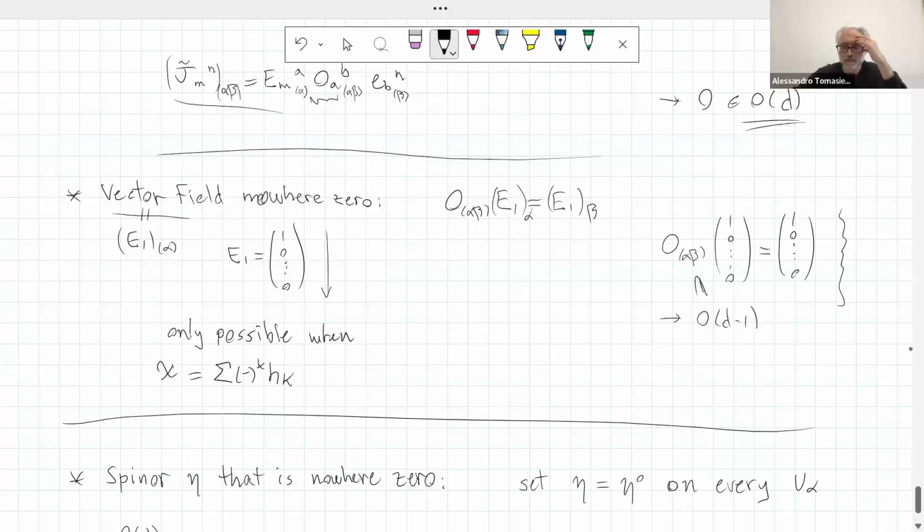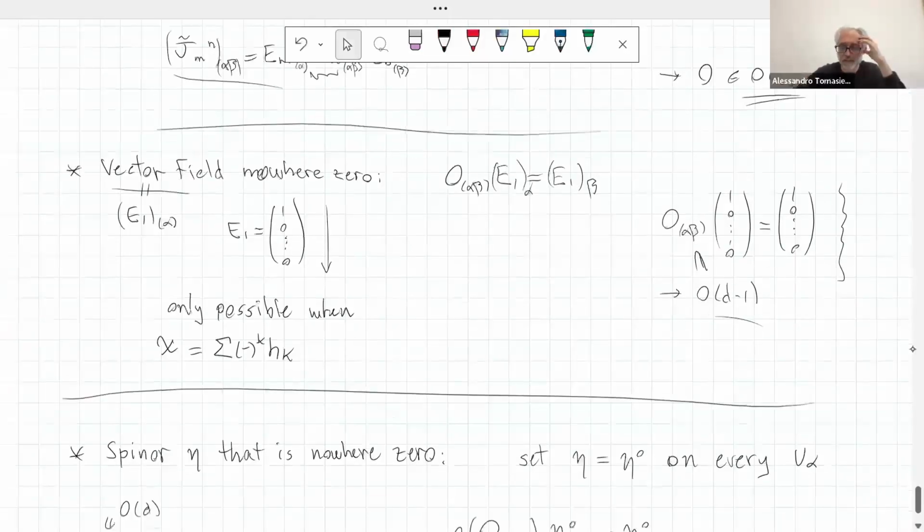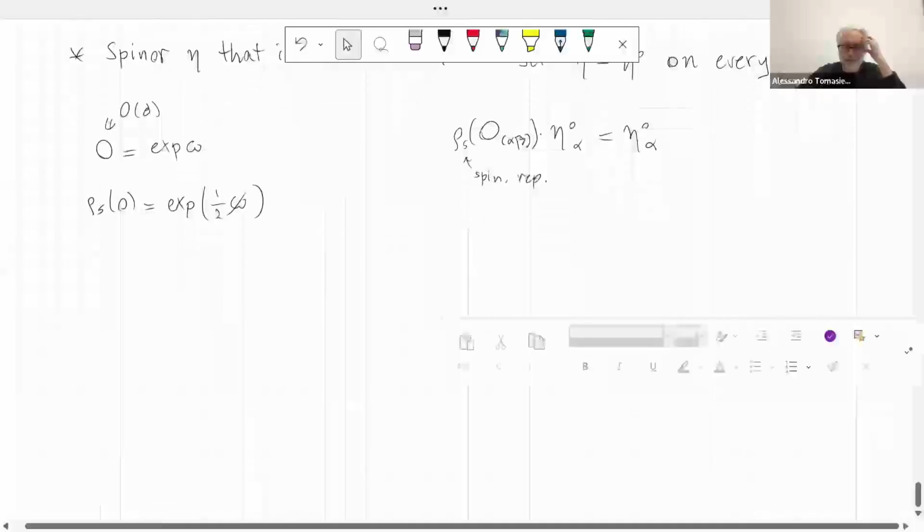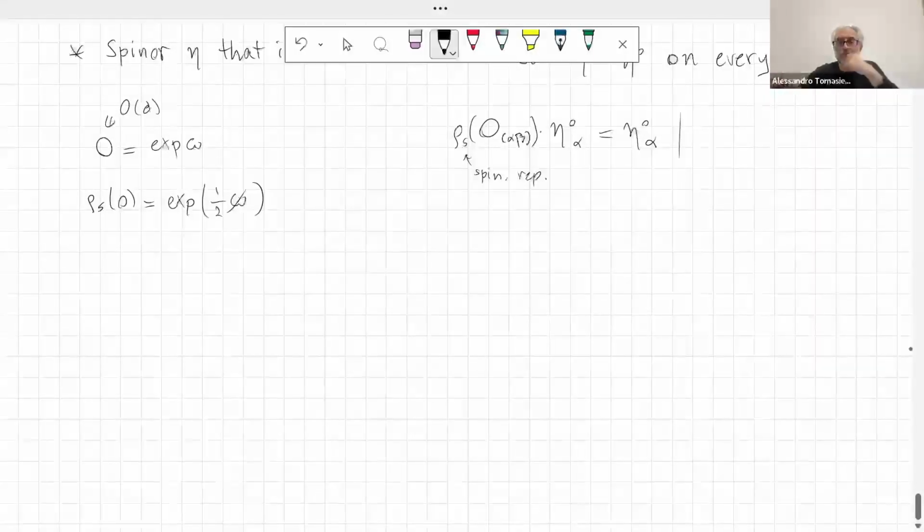So it's as if it were an orthogonal matrix in the remaining directions. But now for spinors, it is, I think, less intuitive what this result is. It will be clear that O is reduced. But reduced to what? We need to figure that out.